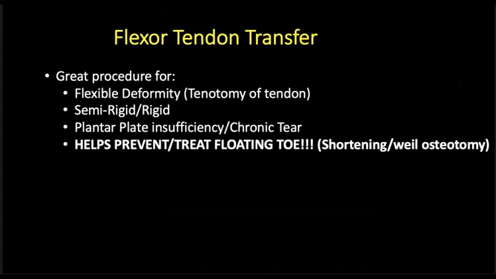I oftentimes will use a flexor tendon transfer for semi-rigid and rigid pathology as well. If you do have plantar plate pathology or MPJ hyperextension, simply doing a PIPJ fusion or arthroplasty may not fix it. So if you add the flexor tendon transfer on top of it, it'll help to harness the toe down and keep the toe nice and straight.